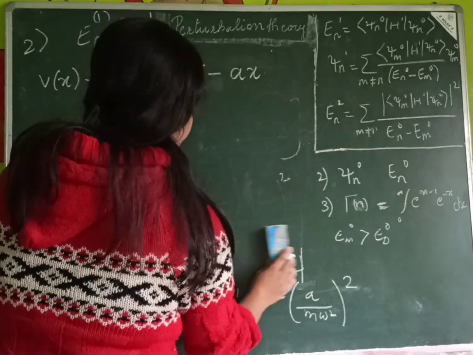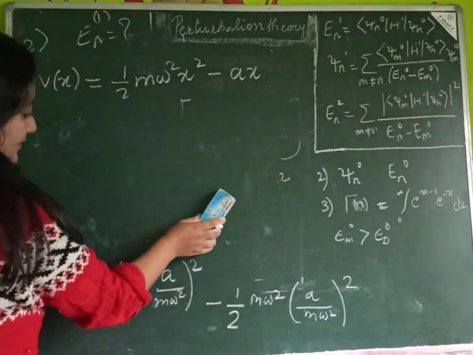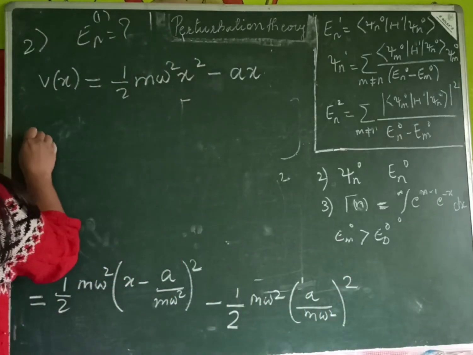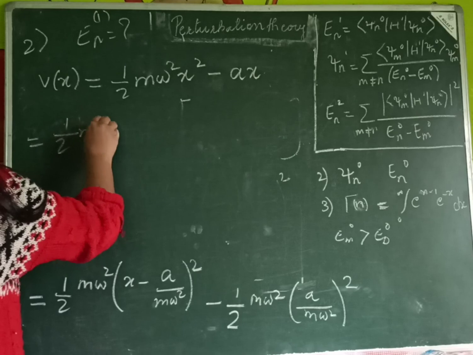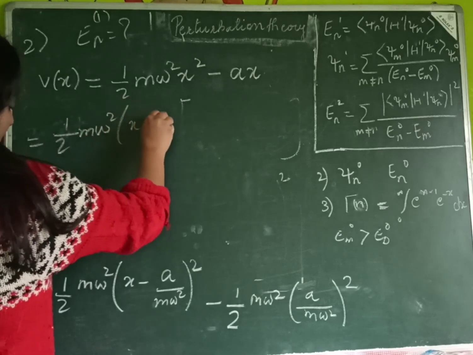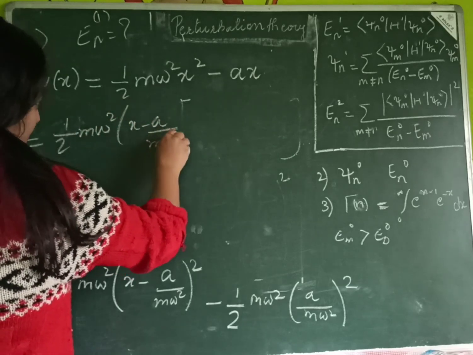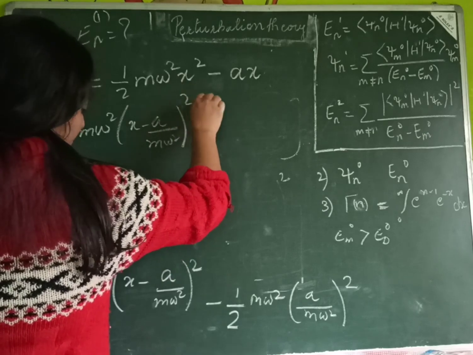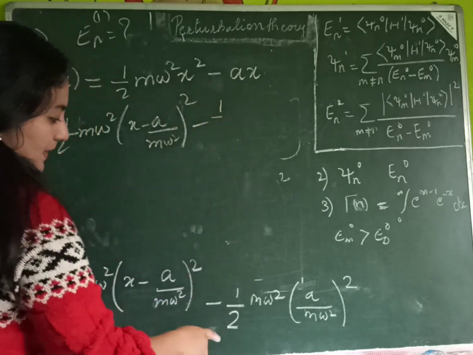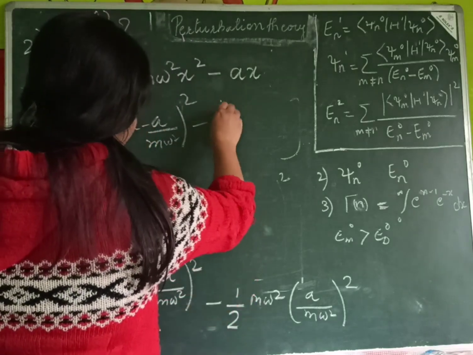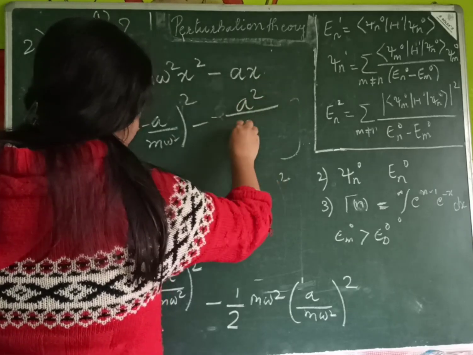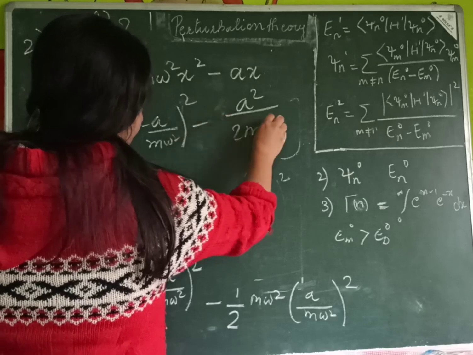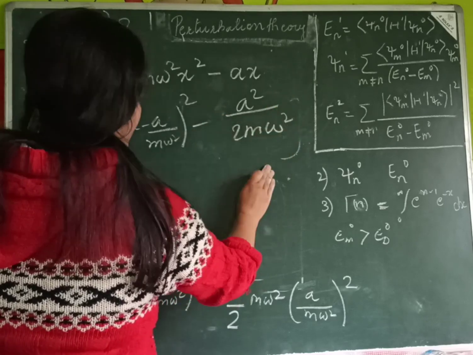So that means I have half m omega square (x minus a by m omega square) whole square minus... so my m cancels, so it is a square by twice m omega square, right?